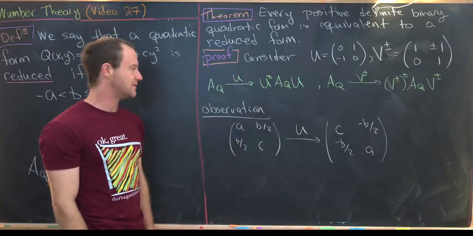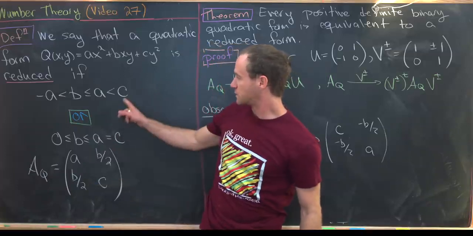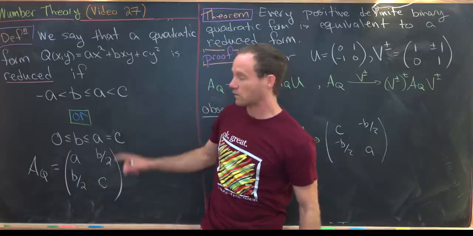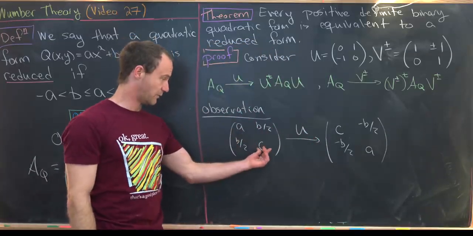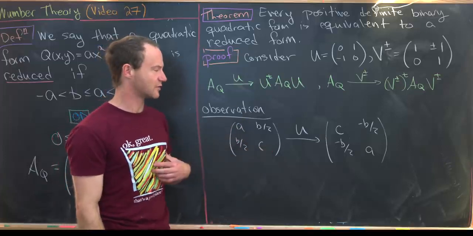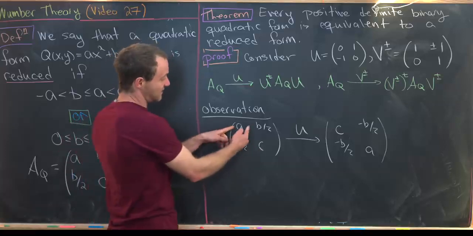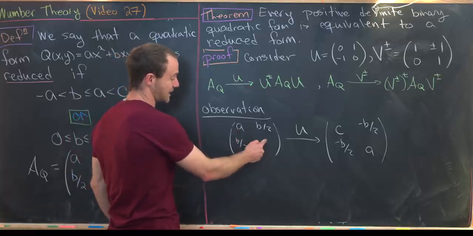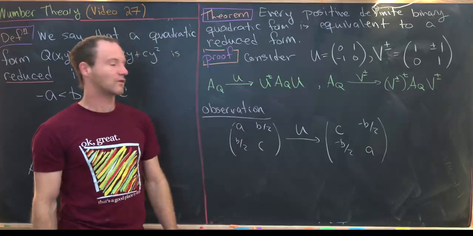That's really good to keep in mind because by these rules up here, we always want C to be bigger than or equal to A. And by C, I just really mean the portion of the matrix right here. So if we've done a lot of operations maybe involving V, and we end up with this guy right here being bigger than this guy right here, then we can just apply U and then we're in the right order again.